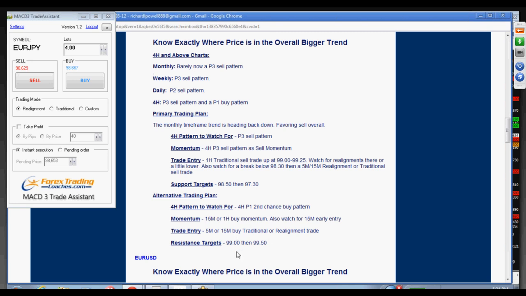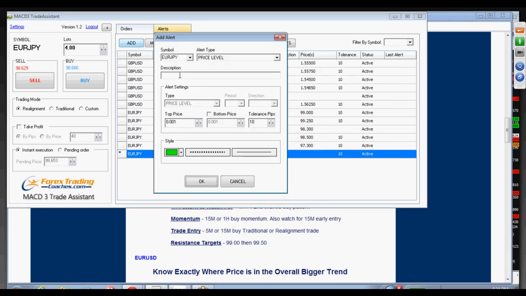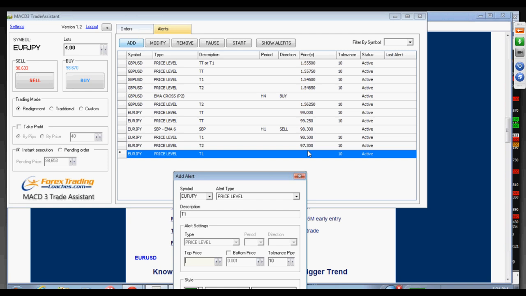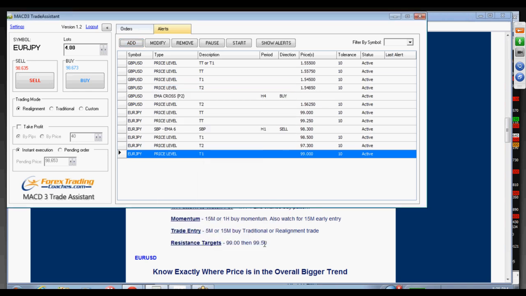And so I'll set my resistance targets going the other way for this. That's T1. That's 99. Let me make sure that I've got it. Okay. Yeah, T1 at 99. And I put it in red because it's my targets.